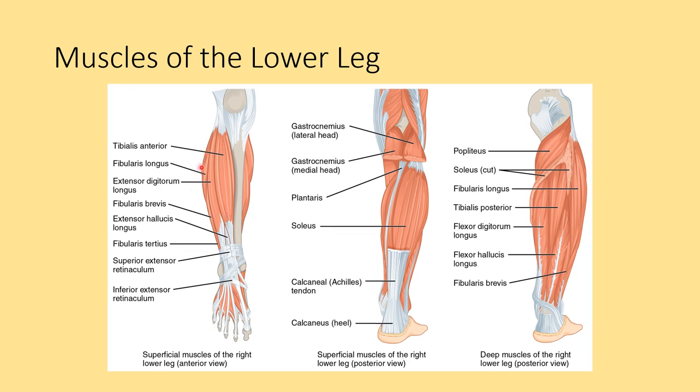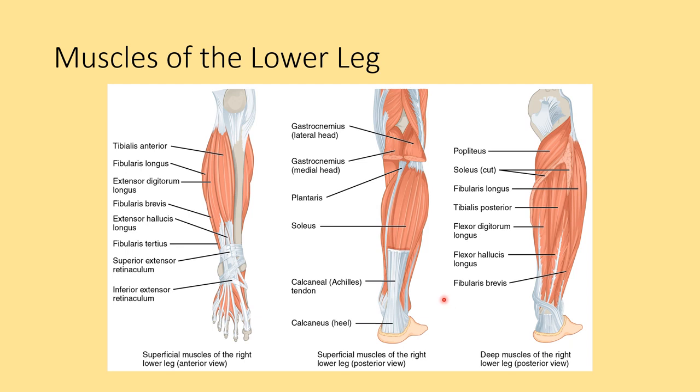So here's your fibularis longus, and your extensor digitorum longus right here between these two, so it's in the middle. You usually find the tibialis anterior first. It's one of the major muscles from an anterior viewpoint.